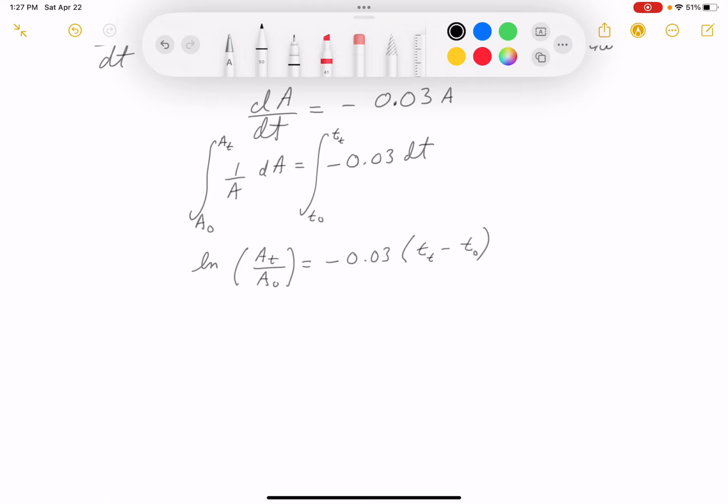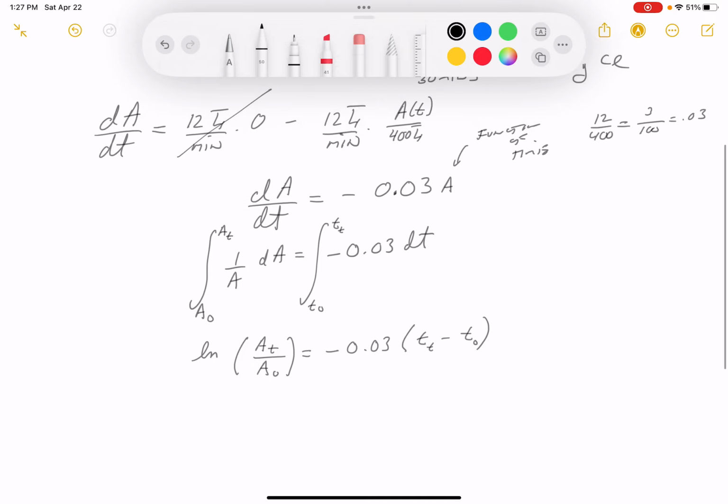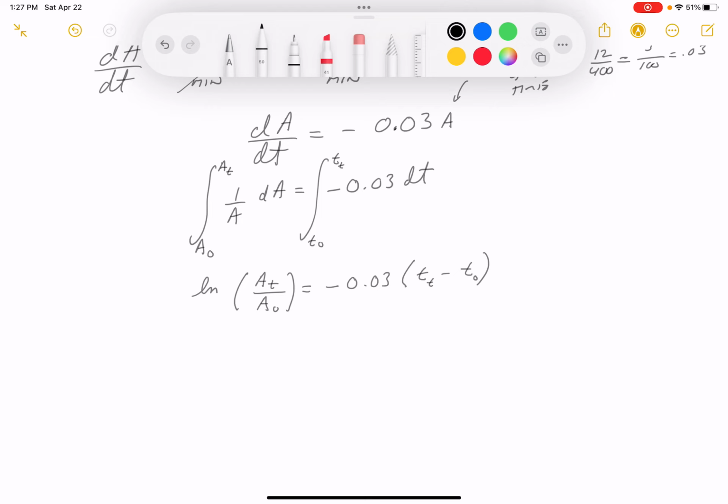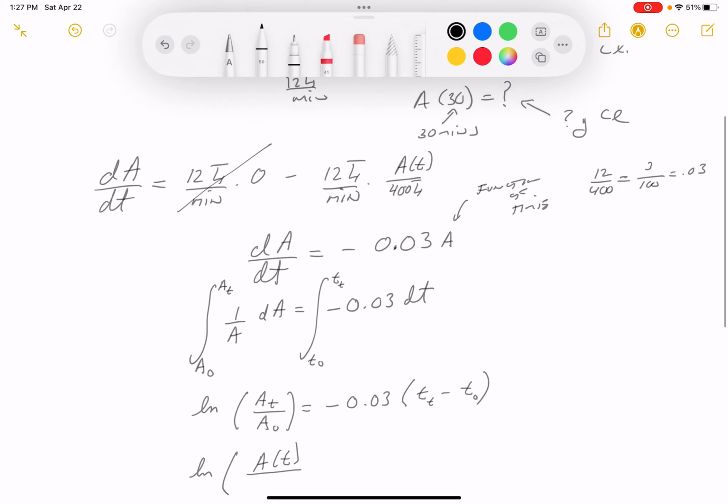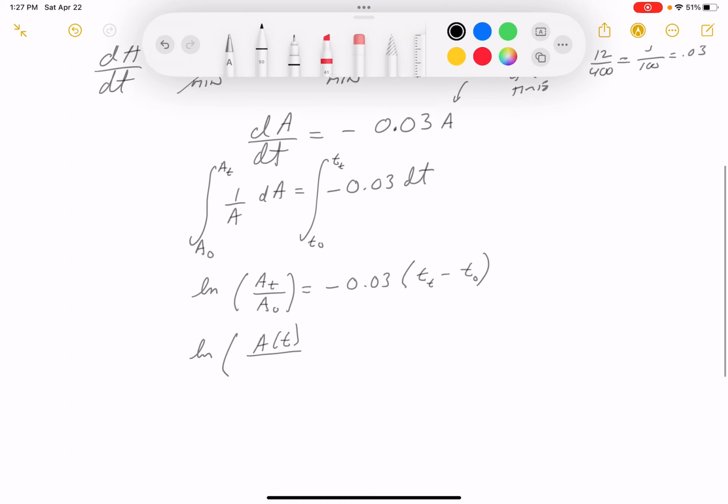And let me just put this over here. And so I'll put down the natural log. I'm going to write now that this A(T) is actually A as a function of time. A naught was what? Let's go back up here. Oh, 88. And that equals, let's see, minus 0.03.